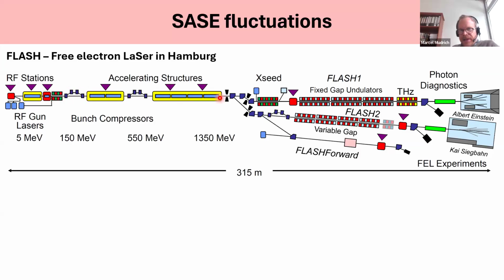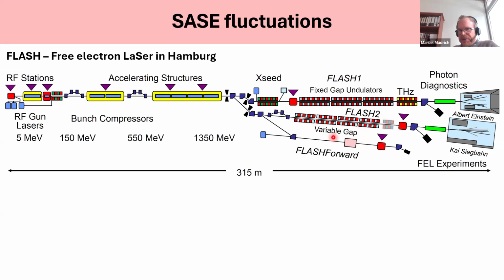bunches. And then nowadays, the FLASH facility has actually two free electron lasers. One is the original FLASH 1, and the other one is FLASH 2. And the main difference is that FLASH 2 is what is called a variable gap undulator, where the gap between these arrays of permanent magnets can be varied, just like in most synchrotrons, or actually every synchrotron, and also in all the modern free electron lasers.